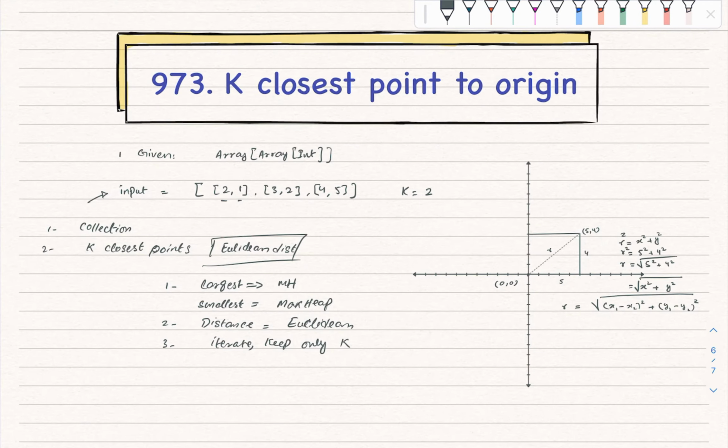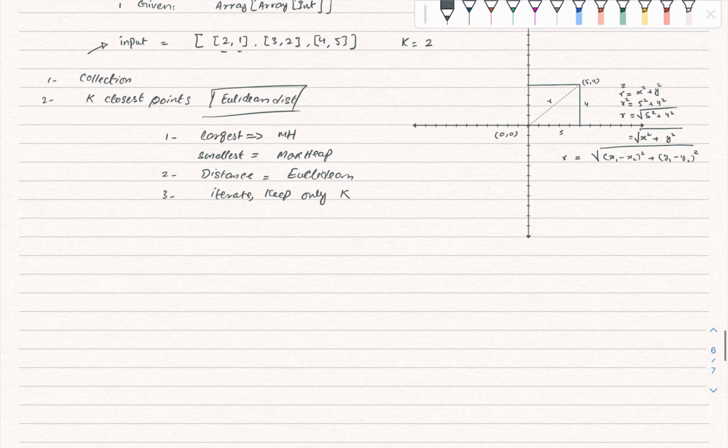We know that this is the basis, and let's see how we can implement our template. Very simple. We already know it is talking about the closest elements, so first we will use a max heap. That's the first point. Second, ordering: how will we order? Ordering should use the Euclidean distance.